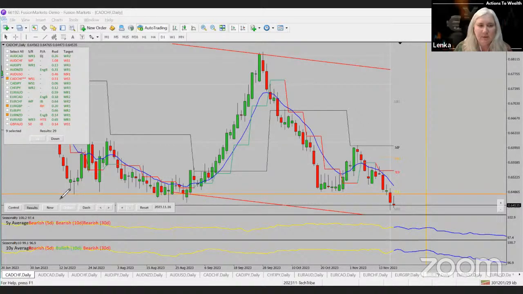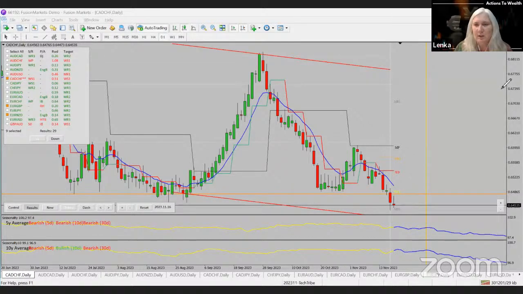We had this level of support that I was looking to see if we have a bounce of that area, basically to create a double bottom. But that didn't happen. So now price action has gone below, and so far we have two bars that closed underneath that level.